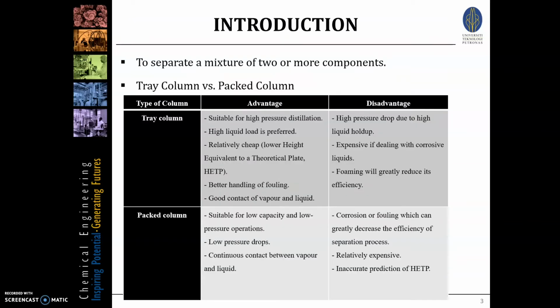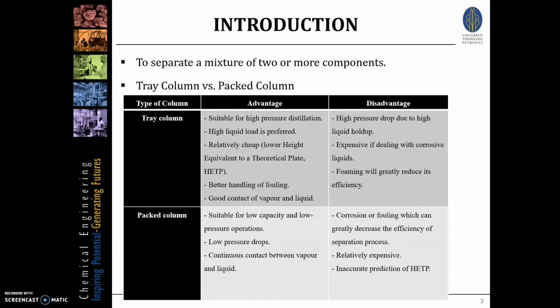As we know, distillation refers to a process that is used to separate a mixture of two or more components. While for this case, distillation column C105 is used to separate methanol from water. There are a few types of distillation column that are commonly used in the industry, for instance, packed column and tray column. The advantages and disadvantages for each type of column are listed in the table.